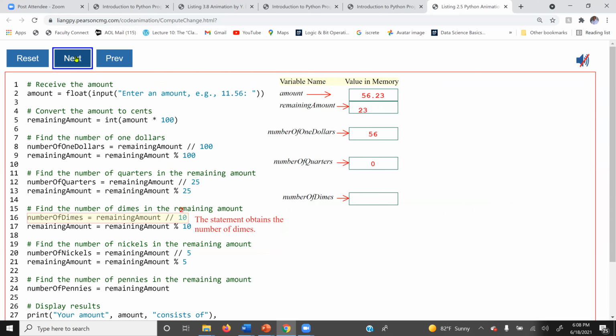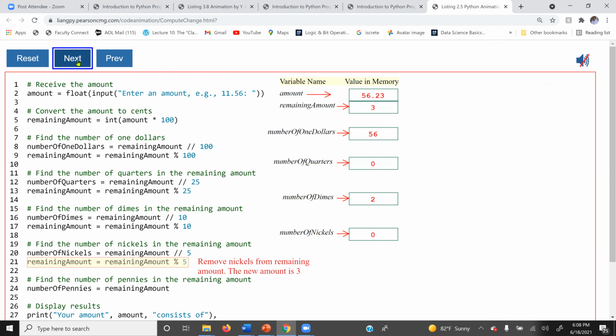Now we are going to divide the remainder 23 by 10, which will give me 2. So I have only 2 dimes. And the remainder will be 3. Then I'm going to divide 3 by 5, which is 0. The remainder is still 3. Then I divide that one again.